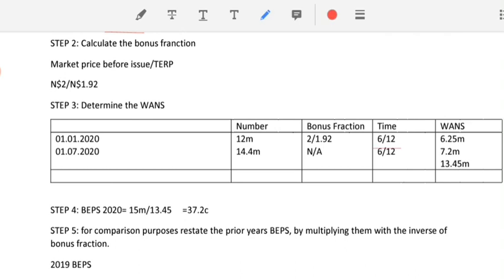And then we are getting, if you say now 12 times 2 over 1.92 times 6 over 12, we get this amount.